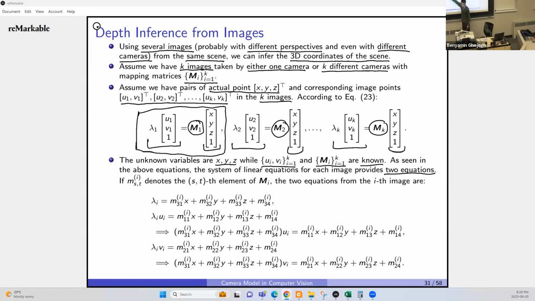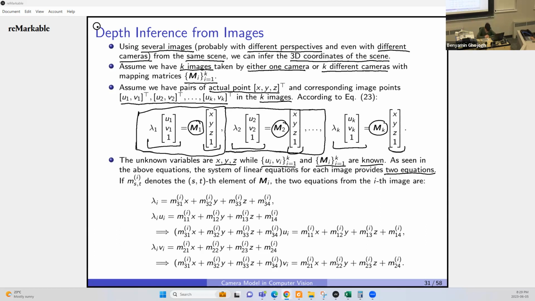You replace lambda 1 with the last row of M1, so you have only two equations for u1 and v1. We talked about it several times in this lecture. So each pair gives two equations.